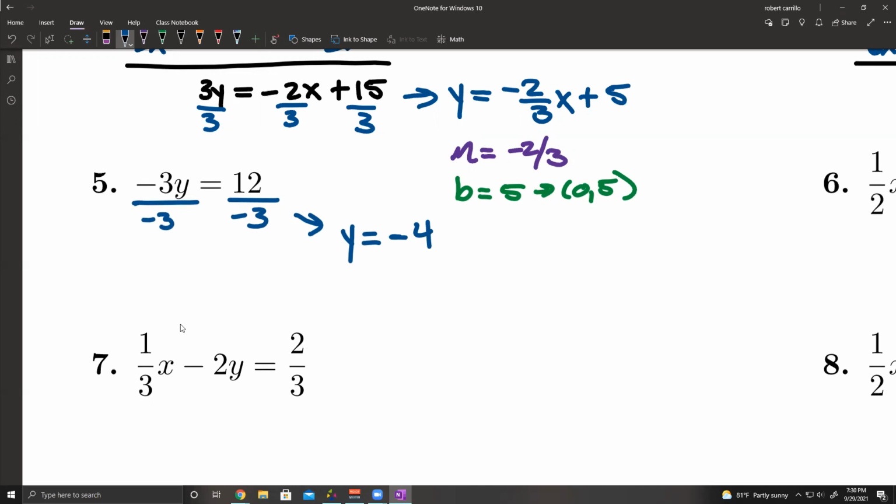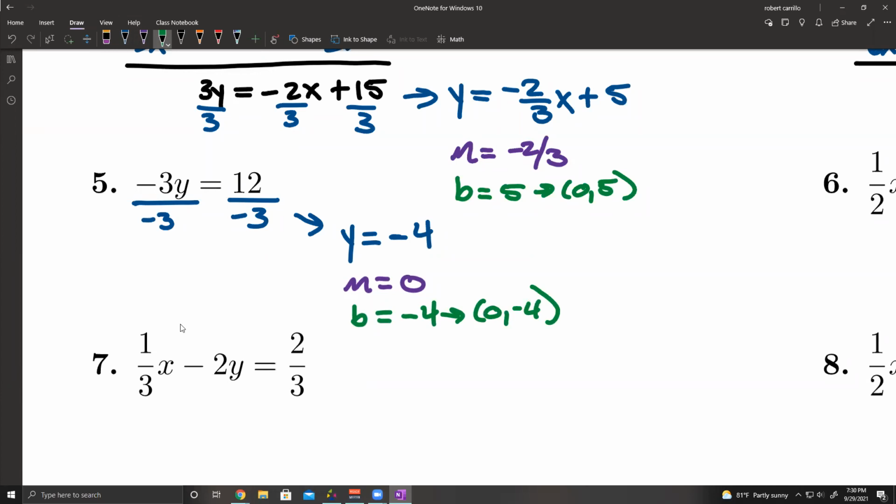Since you do not see any x's here, your slope is going to be 0, and your y-intercept is negative 4. There you go.